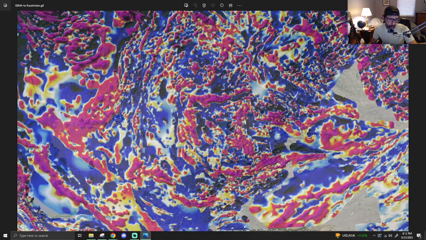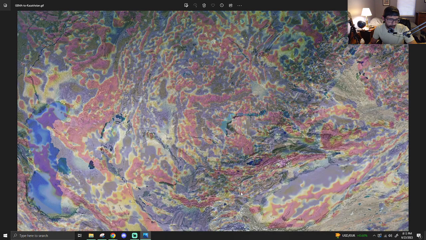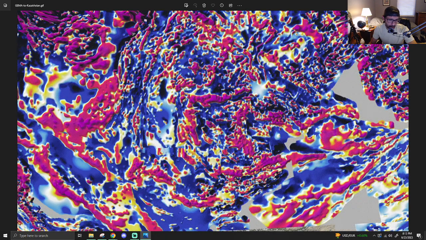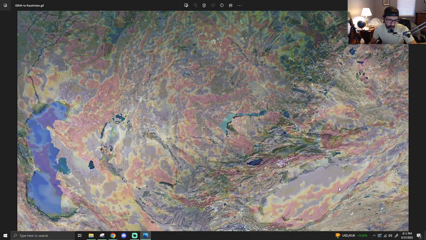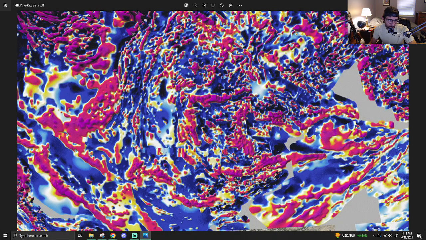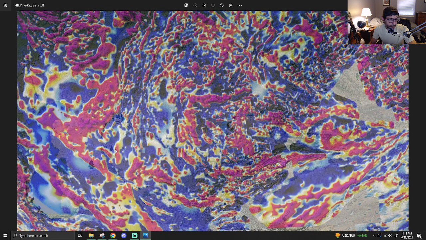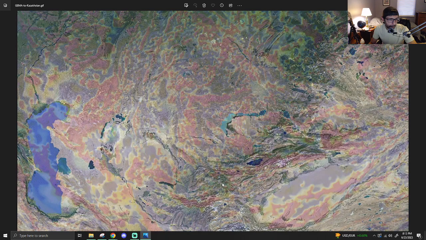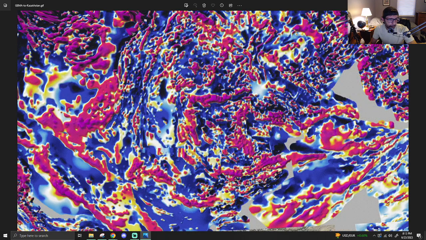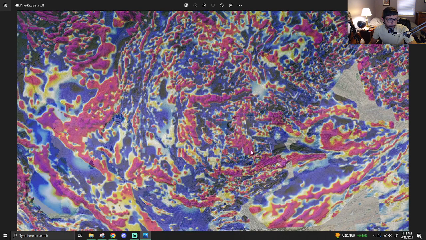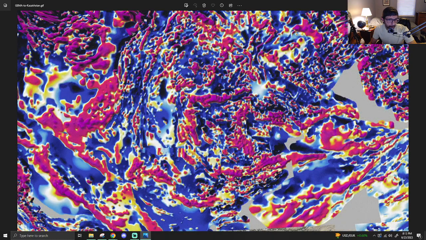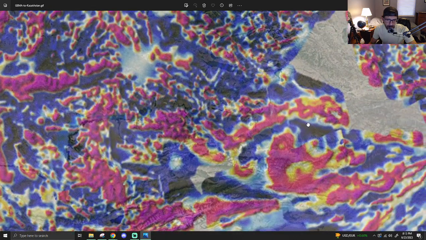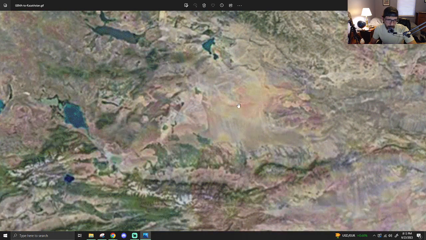Okay, there's its boundaries. So that's got some kind of region where the Tarim Basin connects through over there. That looks pretty much like it might be where that sand is.